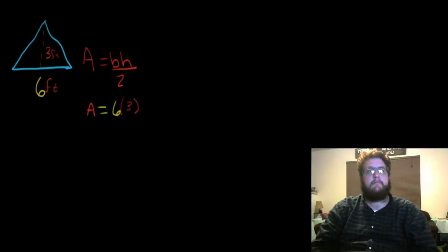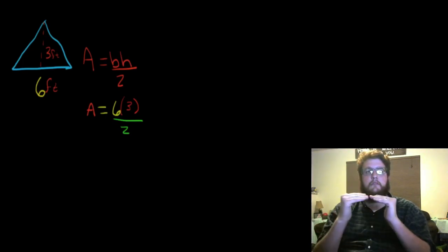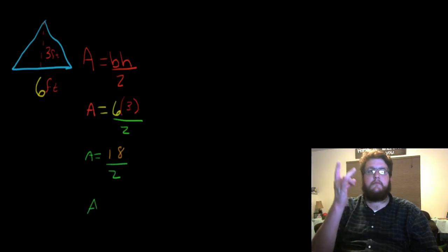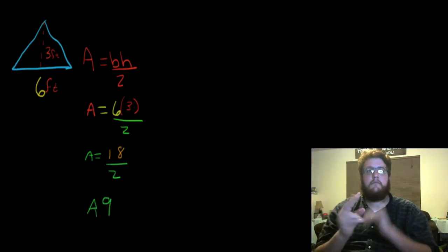Then we'll take that divided by 2. 6 times 3 is 18. So our area is 18 divided by 2. 18 divided by 2 is 9.